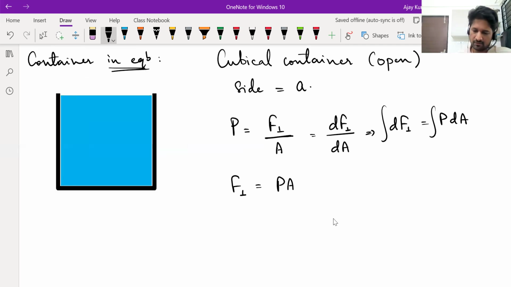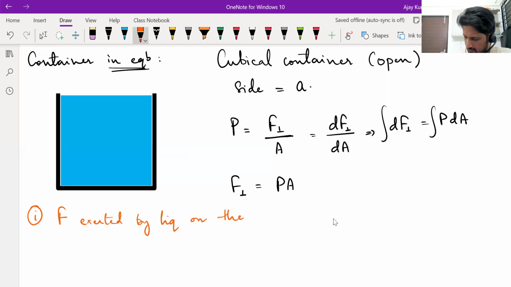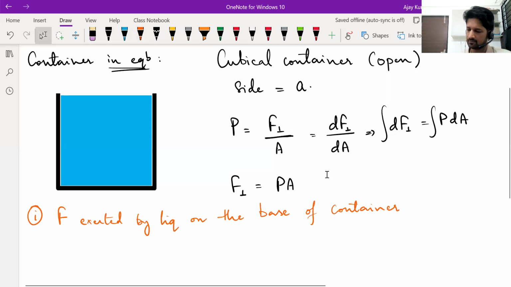Fine. First, calculate the force exerted by the liquid on the base of the container. Do this, both of you. Try to make use of pressure.